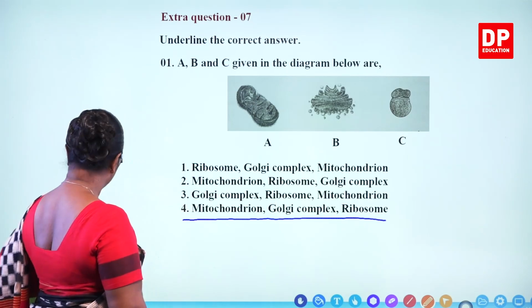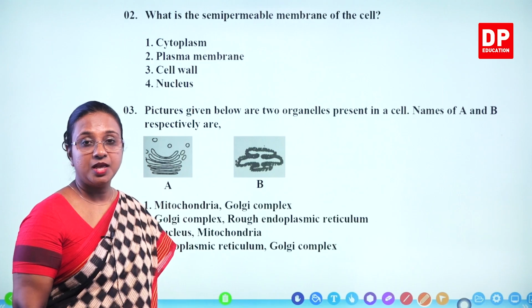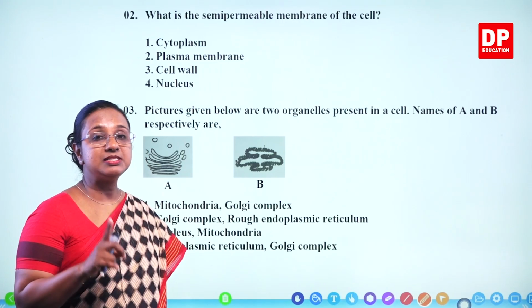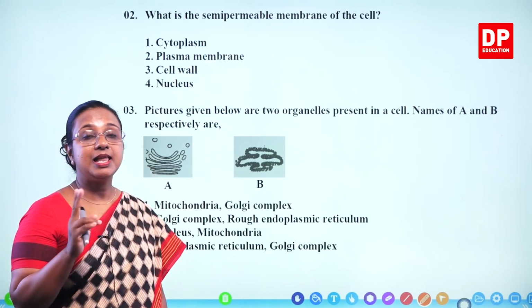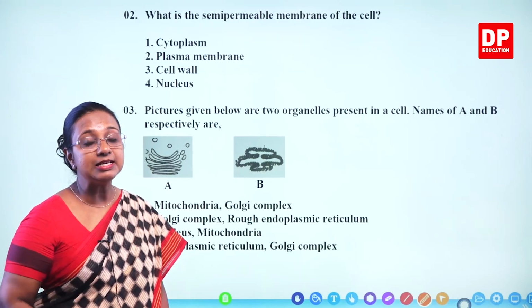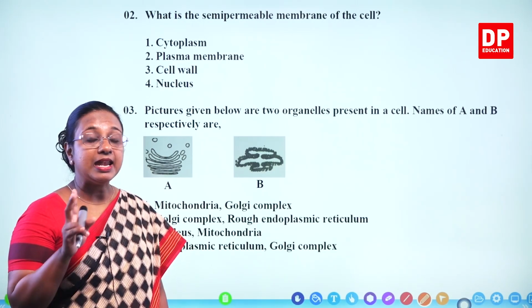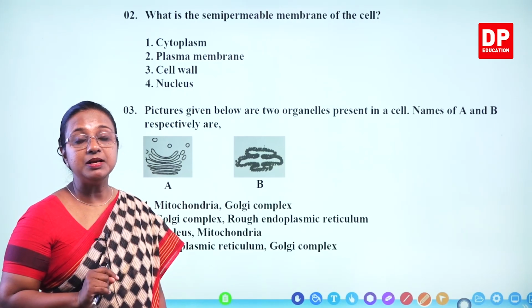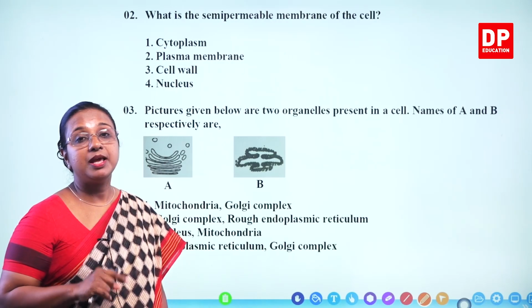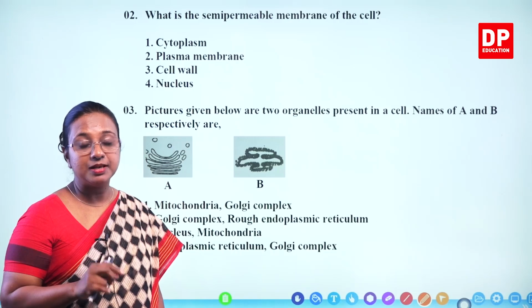So I will move on to the next question. What is the semi-permeable membrane of the cell? You all know in the animal cell there is only one cell membrane. Plant cell has the cell wall and the cell membrane or the plasma membrane. And out of those two, the cell wall is completely permeable, but the cell membrane or the plasma membrane is semi-permeable.